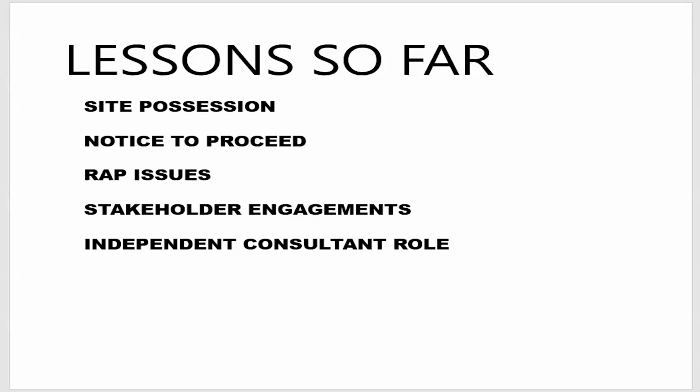But notice to proceed is tied down to design submitted by the contracting entity and accepted by the client, and also RAP issues on those sections being resolved before the client can issue notice to proceed. So there's a clear difference between the site possession and the notice to proceed.